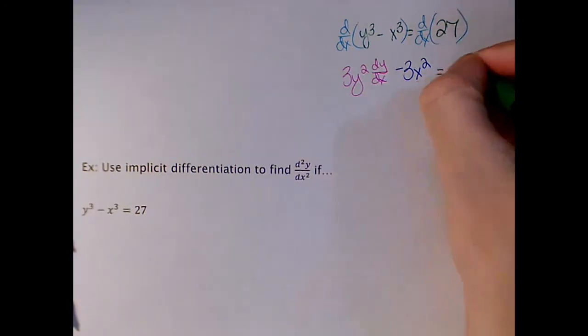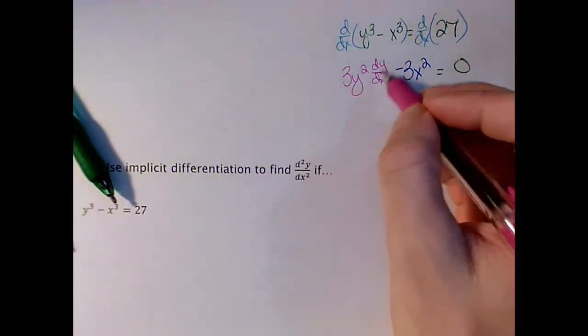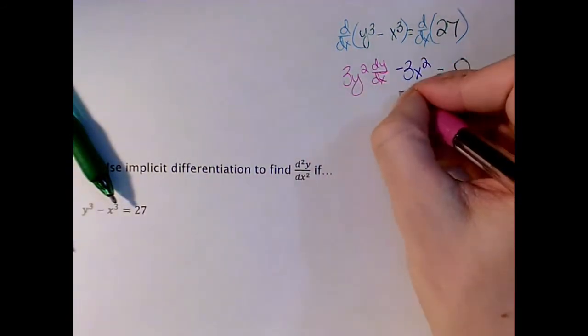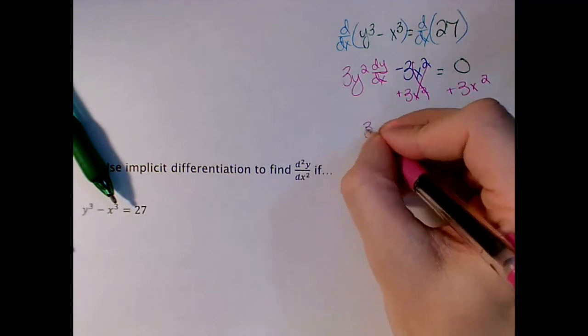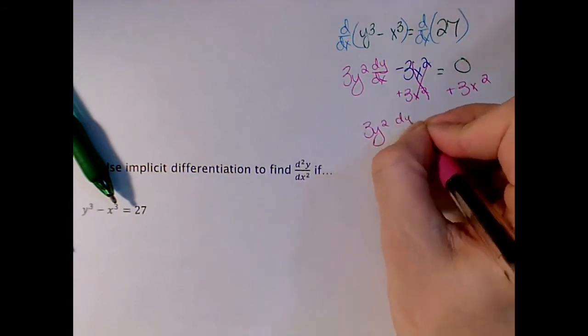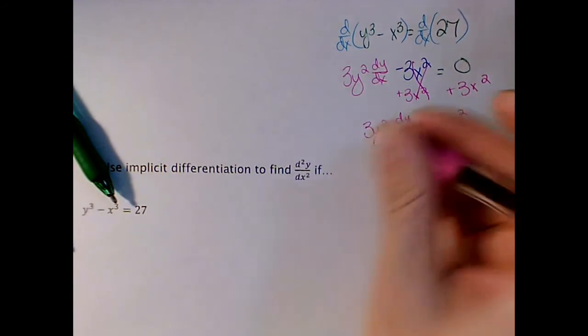No attachments. Equals, the derivative of a constant is nothing. So I have to get dy/dx all by itself on the left. So let's add 3x squared to both sides. 3y squared dy/dx is now going to equal 3x squared.